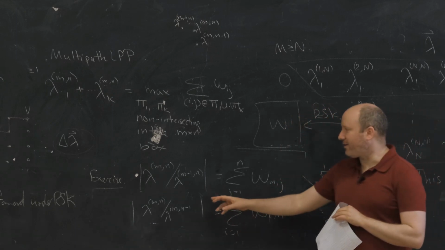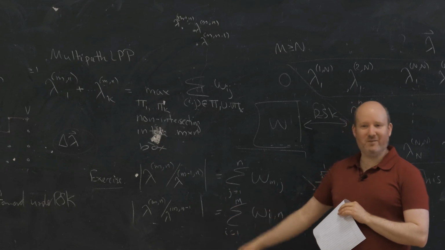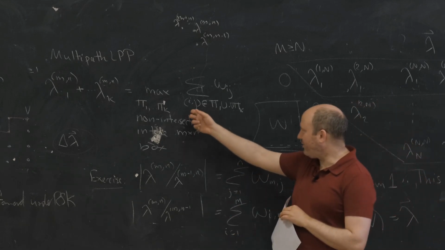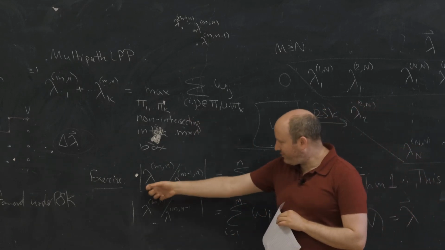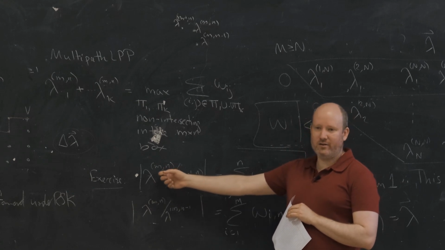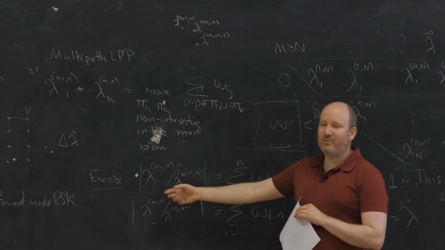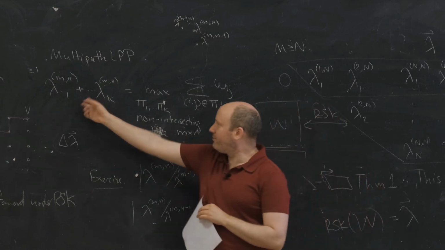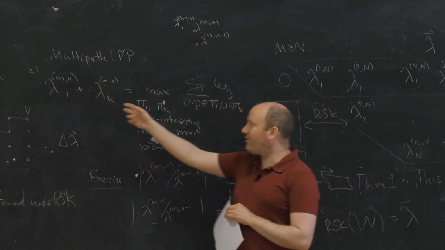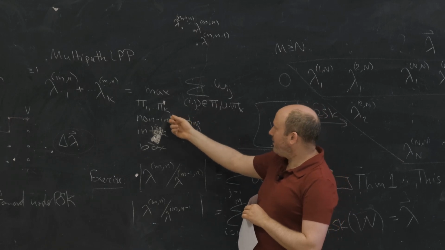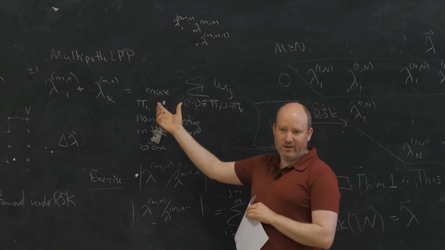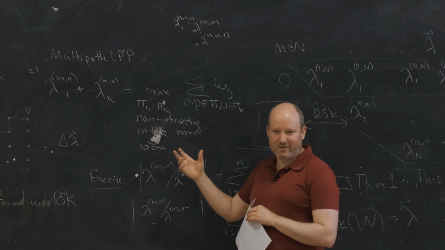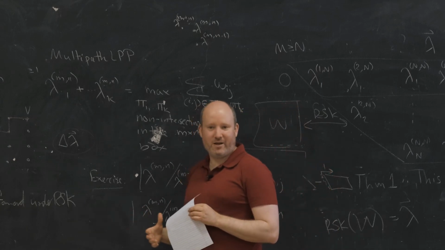This is not a hard thing. I'll tell you why, and then you can check it for yourself. What is the size of lambda mn? Well, the size of lambda mn is the sum of lambda 1 plus lambda 2 plus lambda 3. It's the maximal sum here. And the maximal sum here is achieved by taking as many paths as you can fit. But when you take as many paths as you can fit, you completely saturate your matrix.